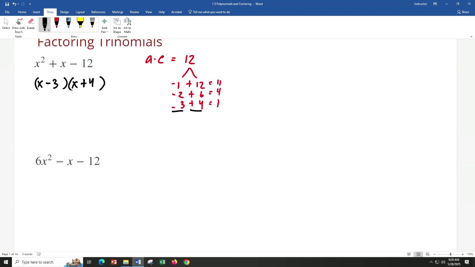Now, can we check ourselves? Yes, because -3 plus 4 gives me that 1 in the middle. -3 times a +4 gives me the -12. It works. Or you could FOIL it all back out and you would get that guy again. A lot of ways to check yourself.